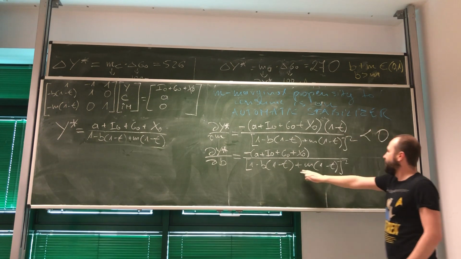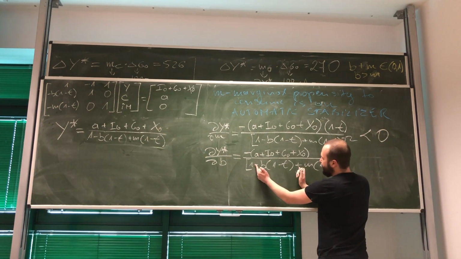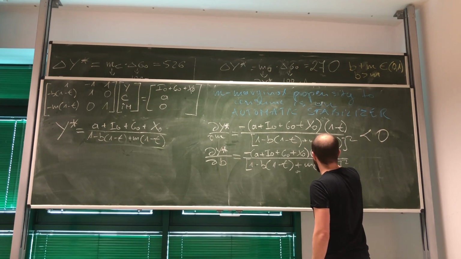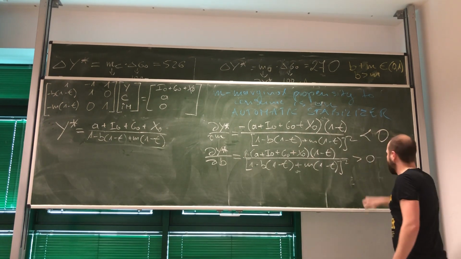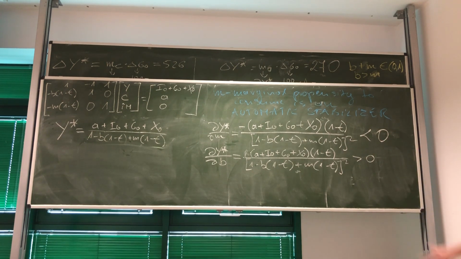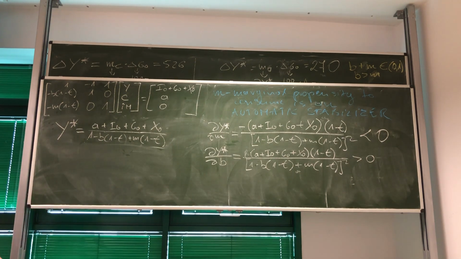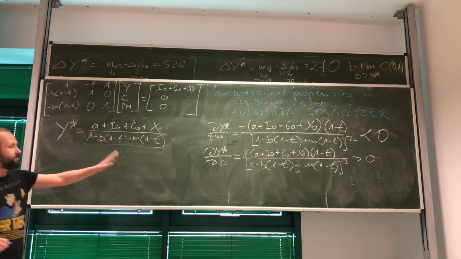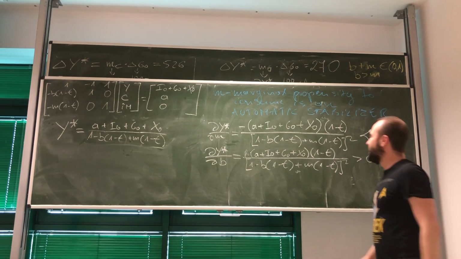Okay, and now, the derivative of this with respect to b is negative, 1 minus t, right? So 1 minus t over here, the minus is gone. We see that this outcome is positive. So now we know that the higher the marginal propensity to consume, the higher the equilibrium level of GDP.